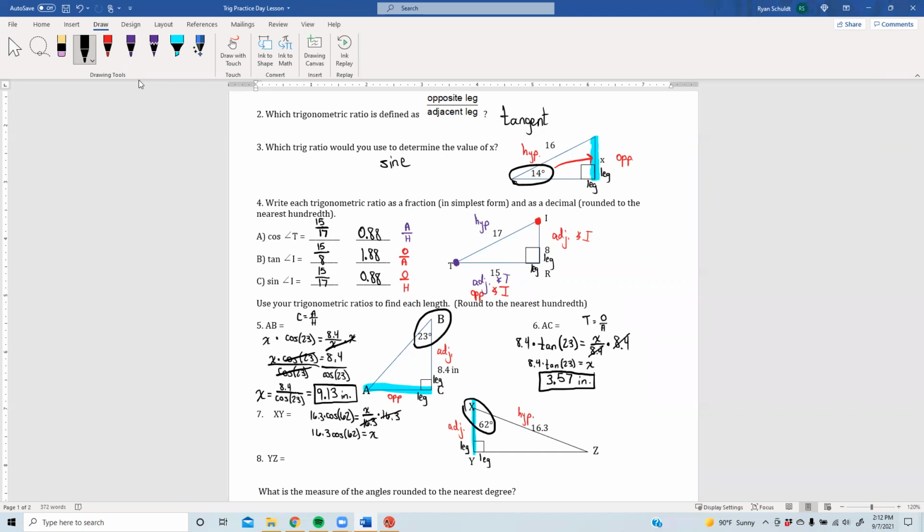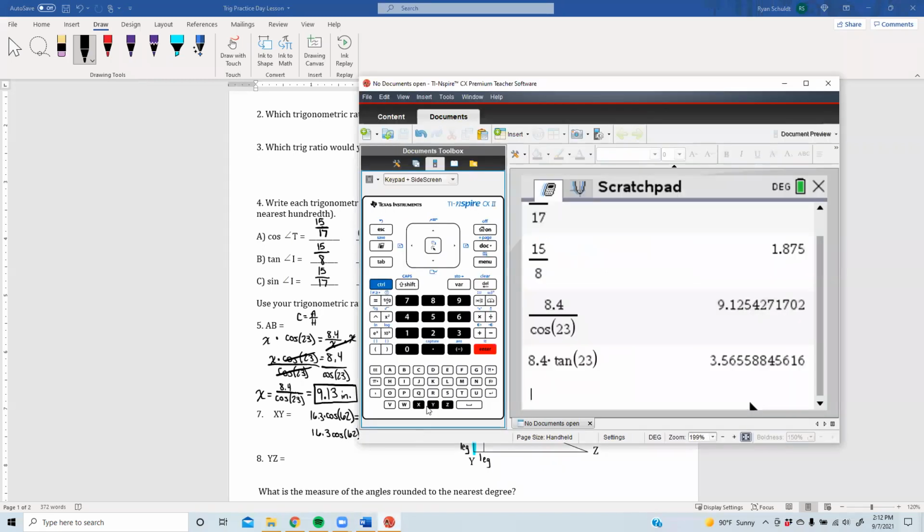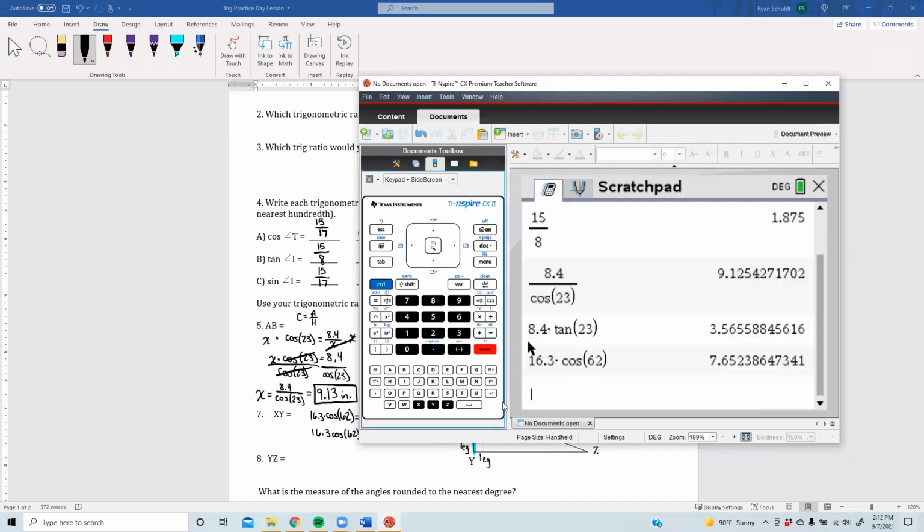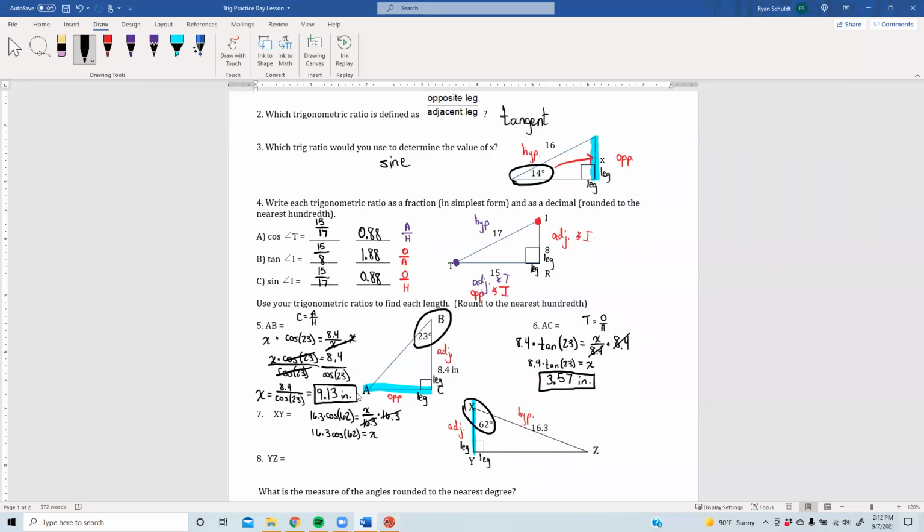Now, I could type this in. X is by itself, I could type it in. So 16.3 times the cosine of 62. 7.65. So this side is 7.65.